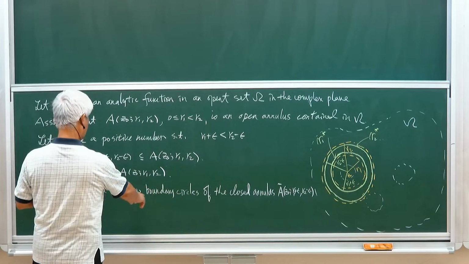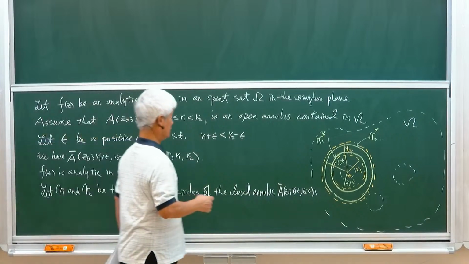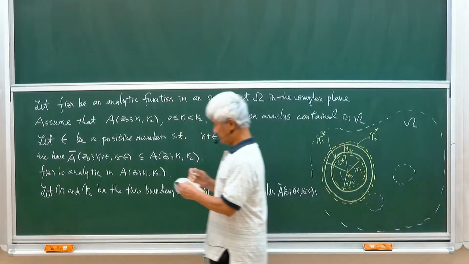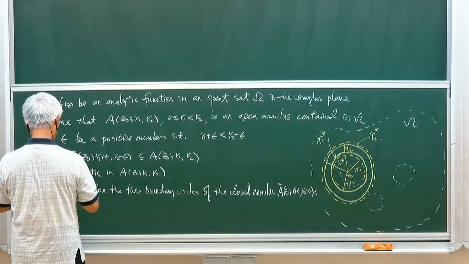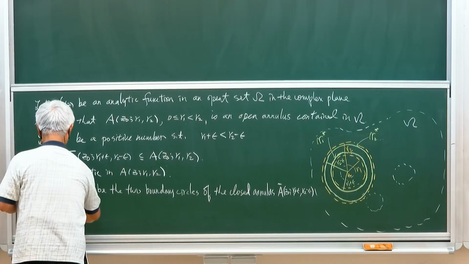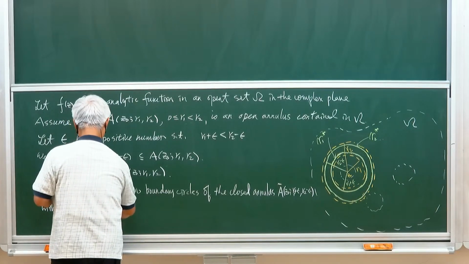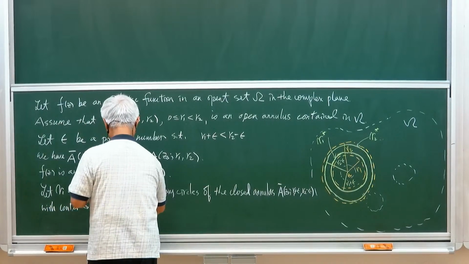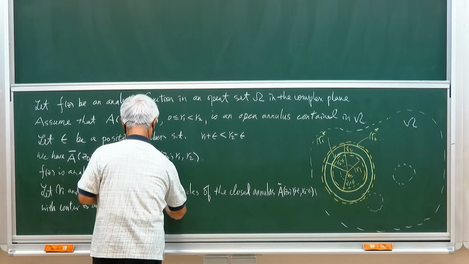So these are the two boundary circles of the closed green annulus, with center z sub 0 and radii R1 plus epsilon and R2 minus epsilon respectively.